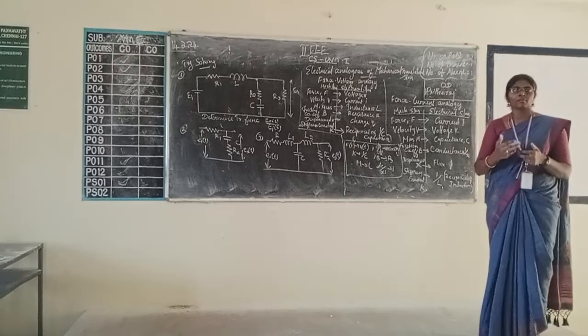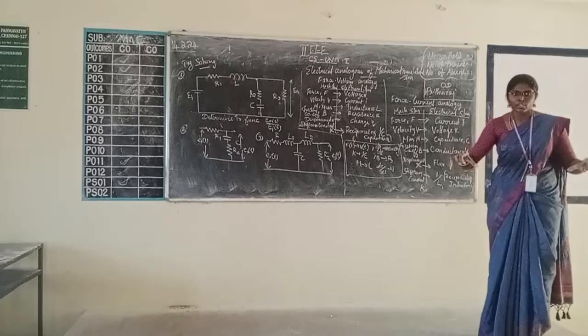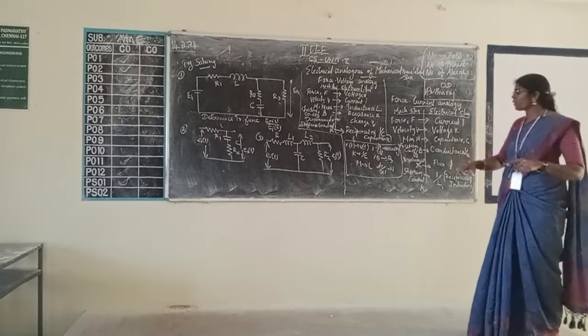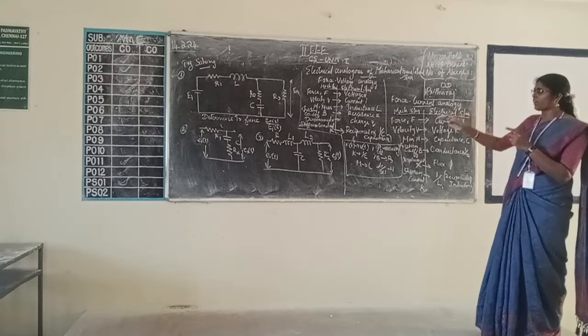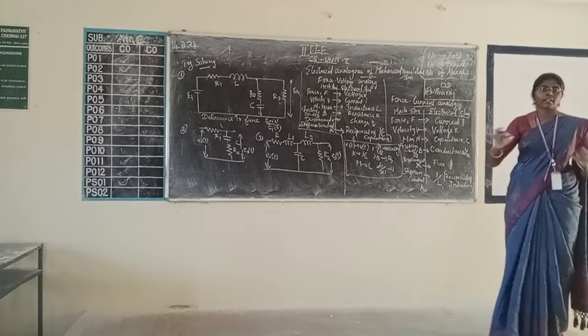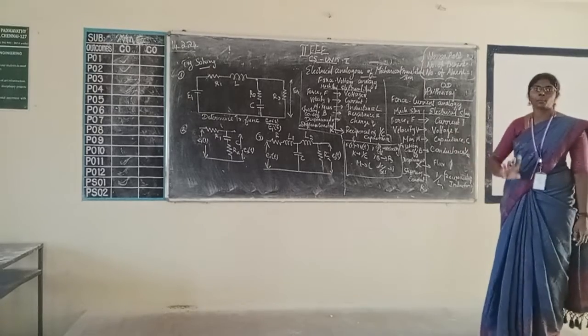As in the first problem we discussed before, we write the differential equation, then convert the source, and after the conversion you write the electrical network diagram. It will become clear after I solve one problem.